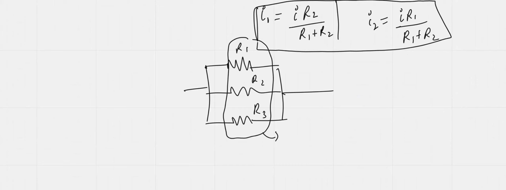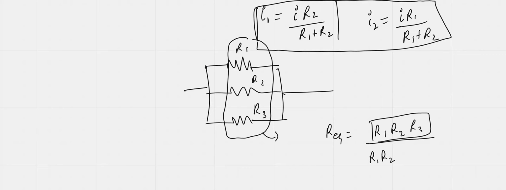So what is R equivalent of this circuit? R1 R2 R3 on top, you get the multiplication of all. In the bottom, you can start with any one, like R1 R2. There are three in total, so just leave one at a time.